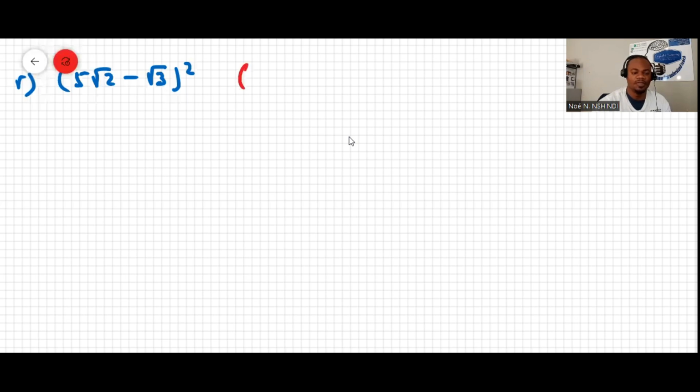We do know that a minus b to the power of 2 is equal to a squared minus 2ab plus b squared. Okay, so we know that this is our a and that b. So this is 5 root 2, that's root 3.